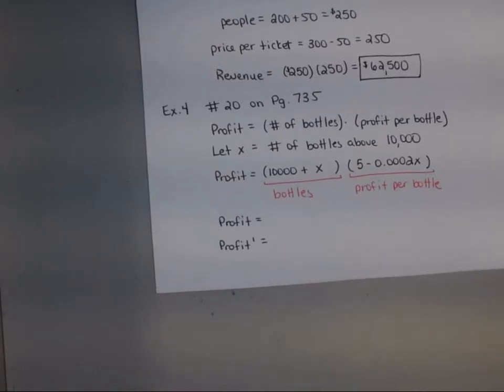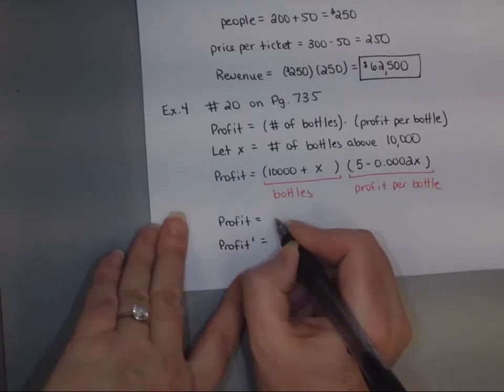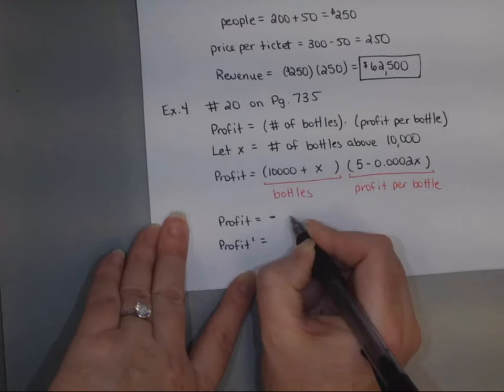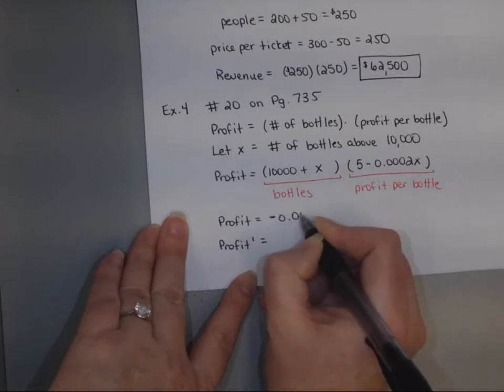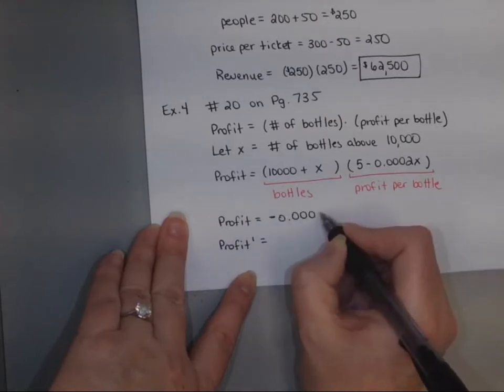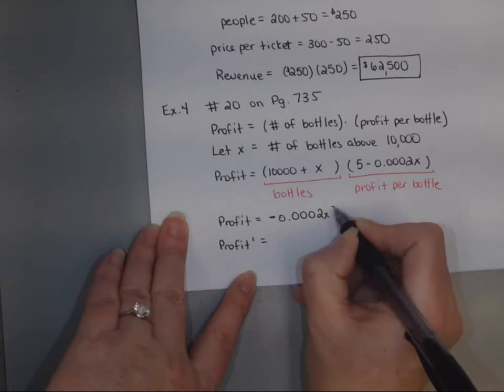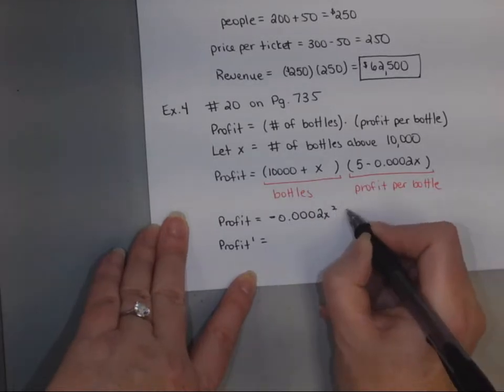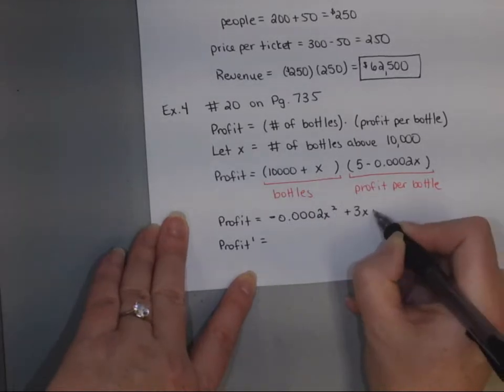All right, so what'd y'all get for the profit when you distributed? So what'd you get for the x squared term? Negative 0.0002x squared, right? Plus 3x, yes. Plus 50,000.